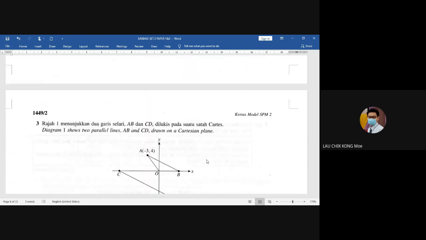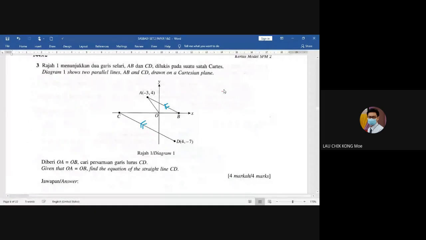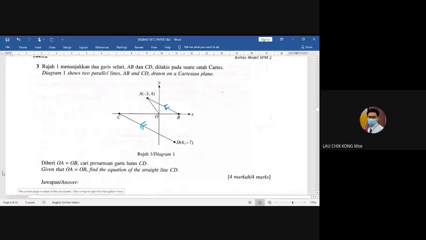Alright, so question number 3. This is a straight line. Okay, this one ada pelajar salah. This is a parallel, so mungkin awak boleh buat parallel macam ini. Okay, parallel. So OA equals to OB.